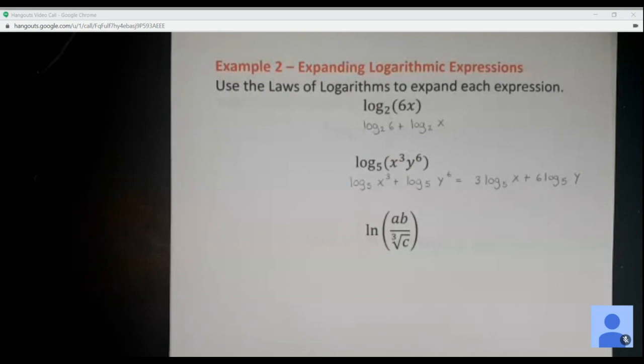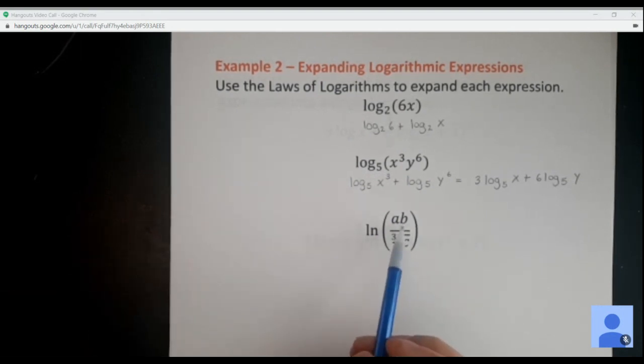Okay, so there is going to be some subtraction in there, right? Because we've got this division. What other operation are we going to have this time, though? There's also going to be addition because in the numerator, we've got multiplication, right? So we're going to actually have both pieces here.